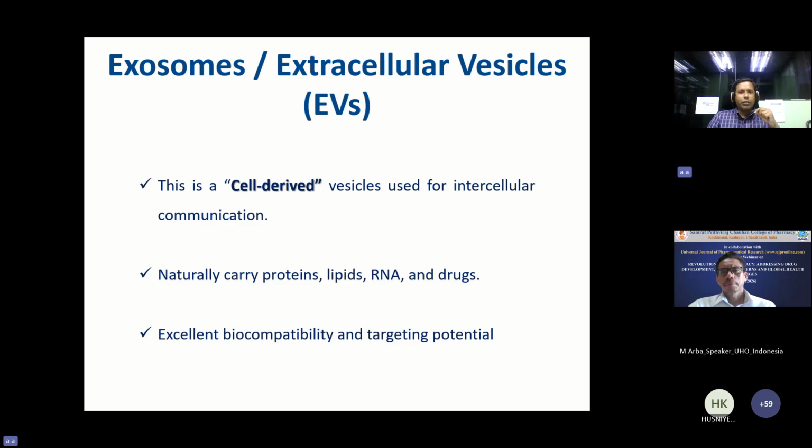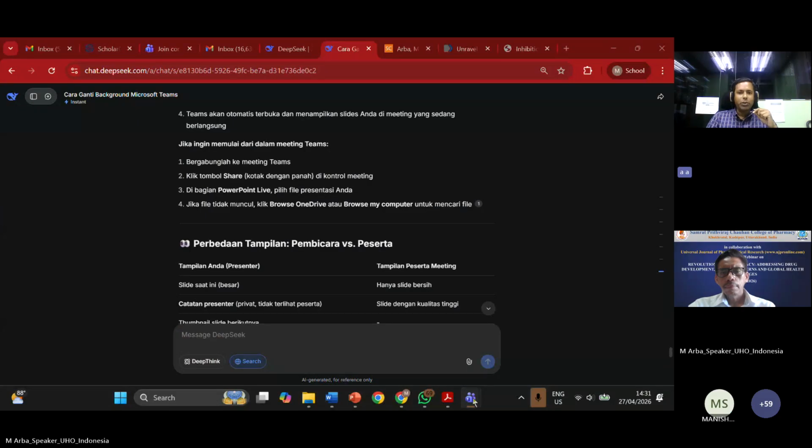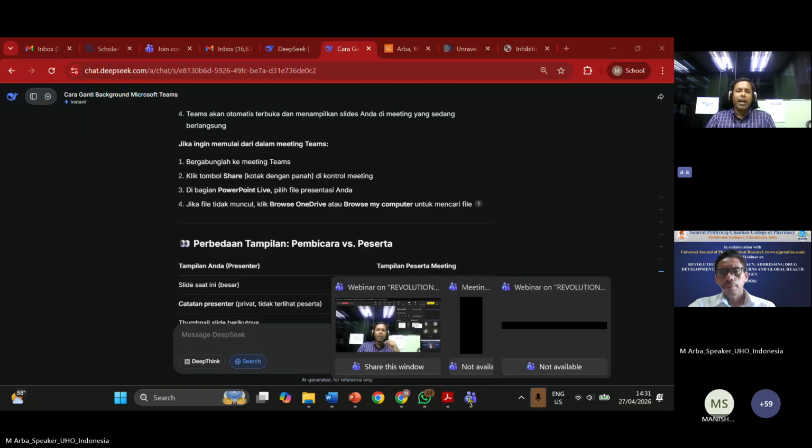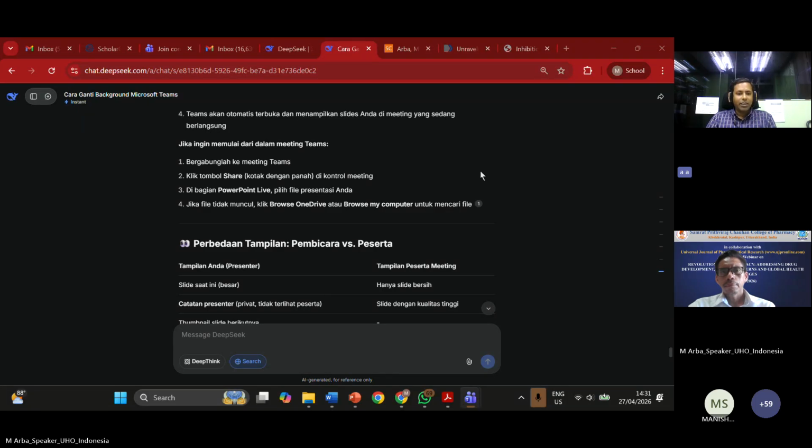For example, exosomes and extracellular vesicles are one of them. These are self-derived vesicles used for intracellular communication to deliver biologicals for therapeutic purposes. Naturally, they carry proteins, lipids, and RNA, and synthetic drugs can also be encapsulated using exosomes or extracellular vesicles.